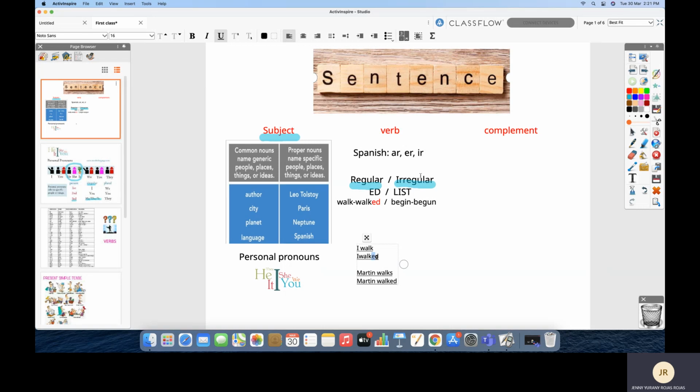But the irregular verbs are organized. Frequently, they are organized in a list. You can find them in a very big list. You can find it on internet or whatever you want. Even some dictionaries, there are some printed dictionaries that have a list of irregular verbs.